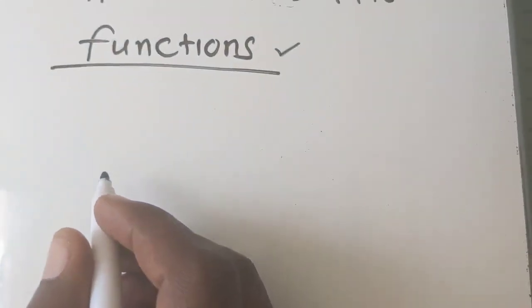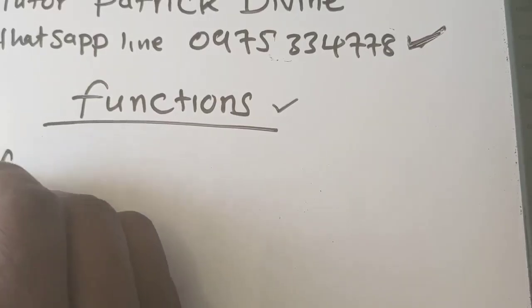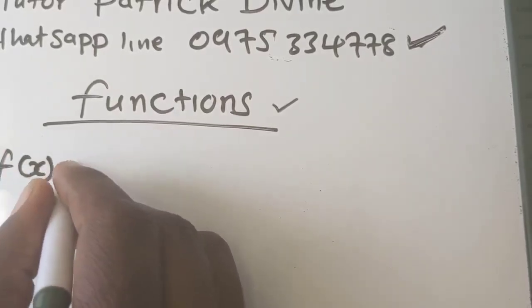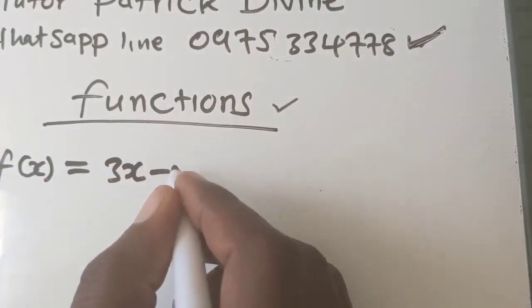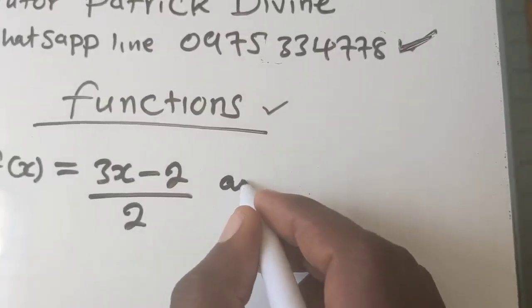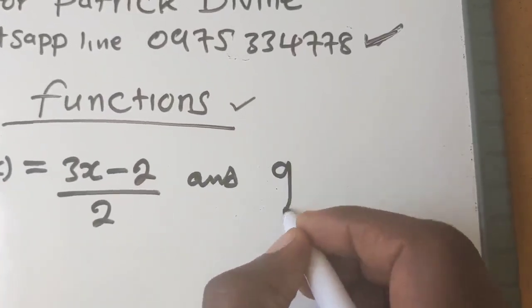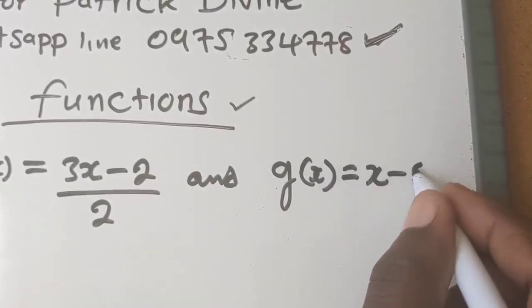All right. So this question is saying that if f of x is equal to 3x minus 2, over 2, and g of x is equal to x minus 5.